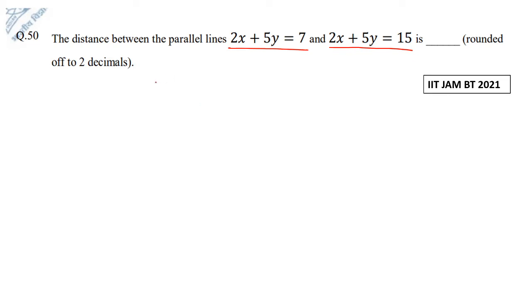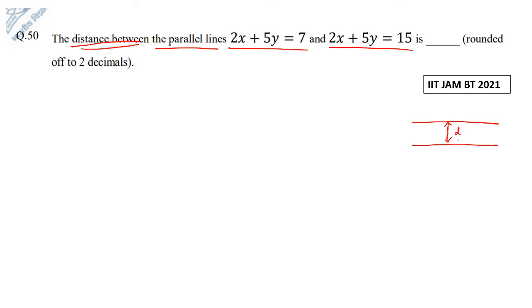Okay, so we have the two equations of two parallel lines. One line is like this, suppose another line is this, and we need to find the distance between these two lines, that is D, suppose.